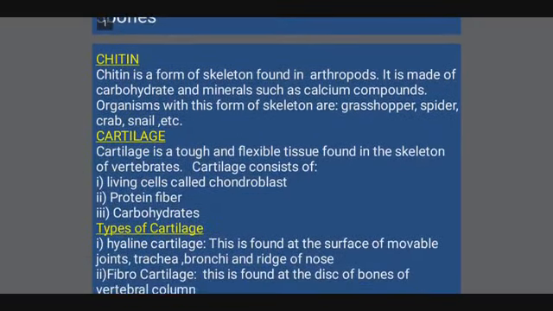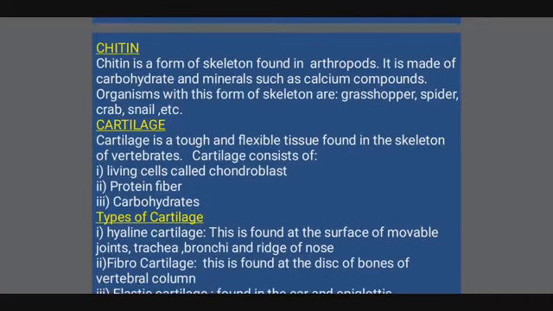The chitin is a form of skeleton found in arthropods. Their skin or their skeleton is that of chitin, and it is made up of carbohydrates and minerals, which are usually calcium compounds, such as calcium sulfates, calcium phosphates, calcium carbonates.